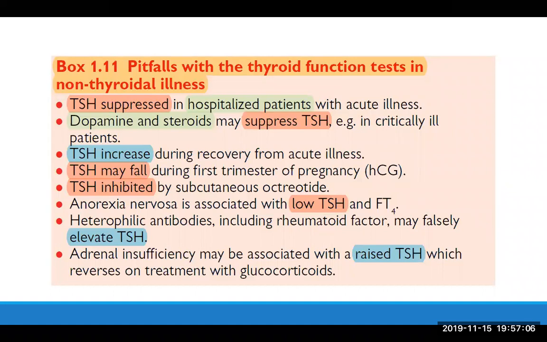And in this scenario, before you manage a case of overt hypothyroidism, you must exclude adrenal insufficiency. Because if you treat this patient with levothyroxine without cover with corticosteroid, the patient may develop adrenal crisis.